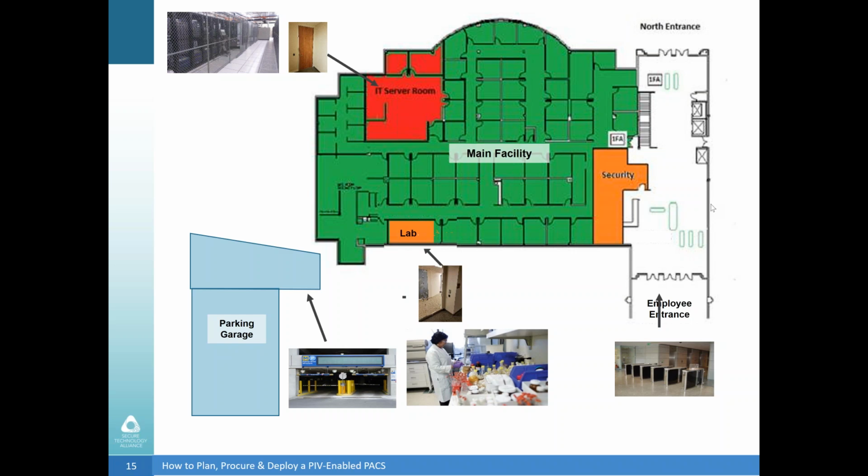In areas like the lab and security, there's a moderate level of risk, so 2 factors are required. And our hypothetical assessment also determined the risk was greatest in the IT server room, so 3 factors are required. The PACS and the PIV card mitigate those risks by requiring different levels of assurance to gain access to these areas. Next slide.